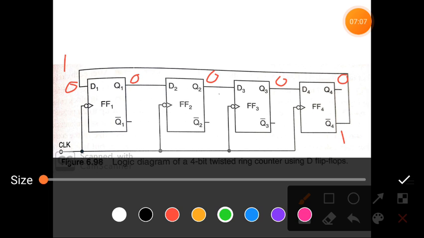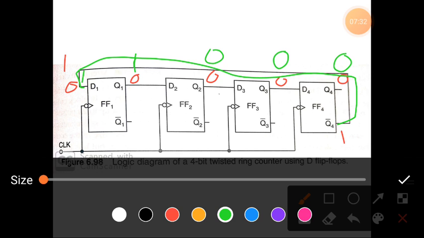After the first clock pulse, this Q bar will be given to the input of D1. So D1 will now be 1, and the output will be 1. The previous D1 contained 0, so the next output will be 0, and the Q4 output will be 0.